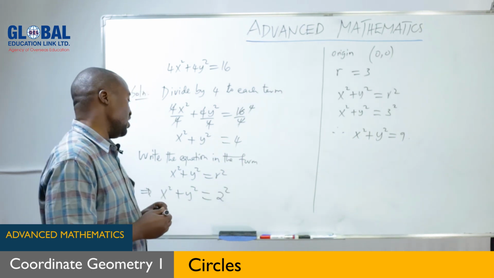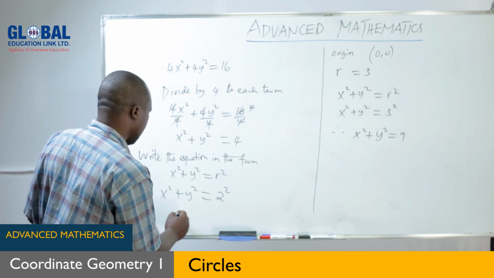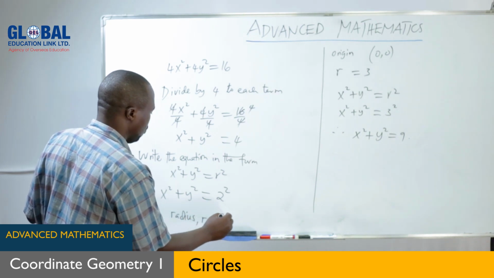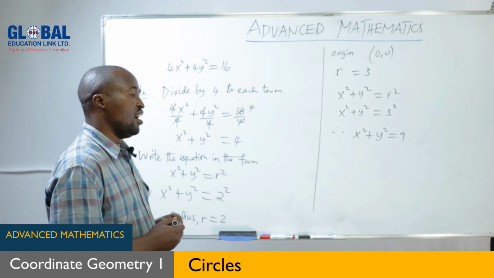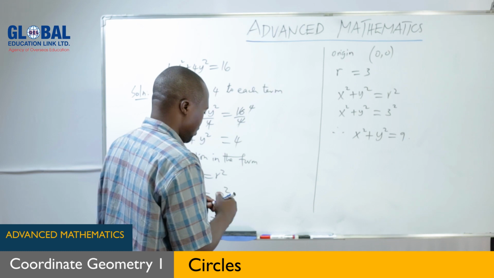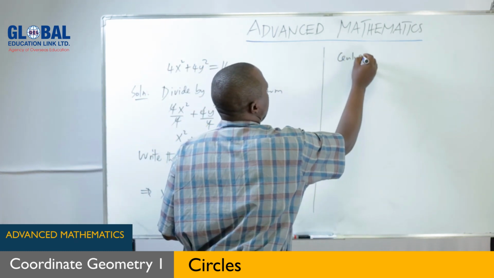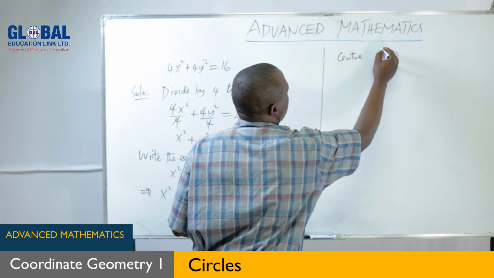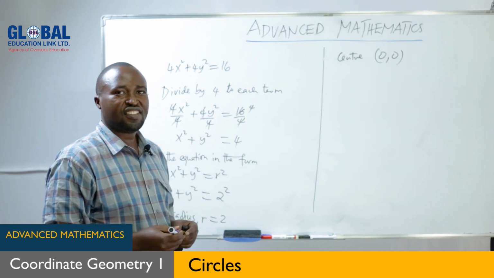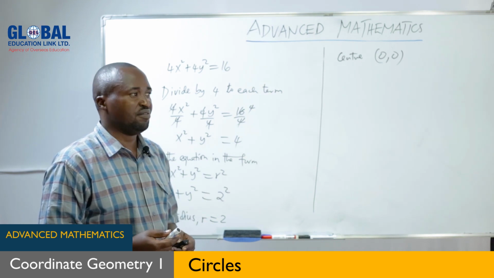Now in this case, it is very simple to find the radius. It means your radius r is equal to 2. And again, the center will be at 0, 0 since the center is at the origin. So that is how to find the center and the radius for such kind of equation.